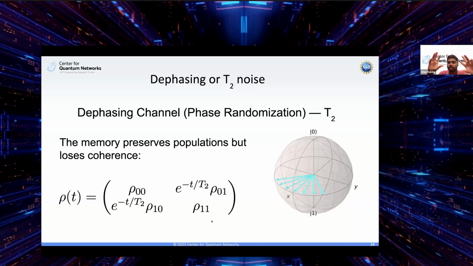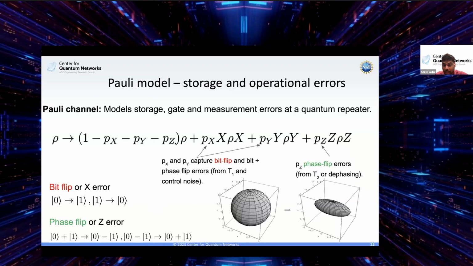So it's not that the 0 and 1 populations are changing, but the off-diagonal elements are changing because the amount of superposition between 0 and 1 is changing. That decays very sharply with the scale factor T2, and that is what is called the dephasing noise, or the dephasing channel noise. So that's about storage, right?